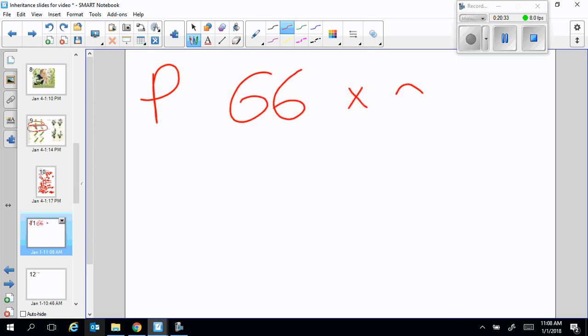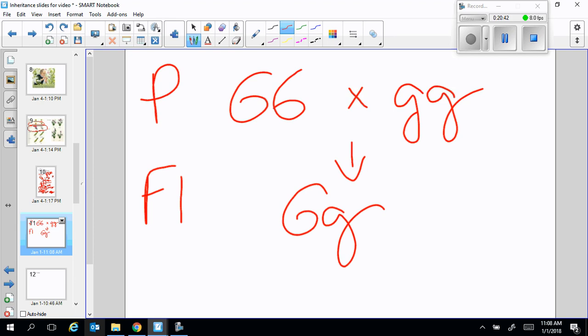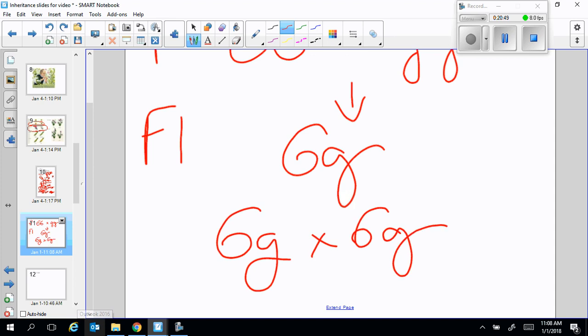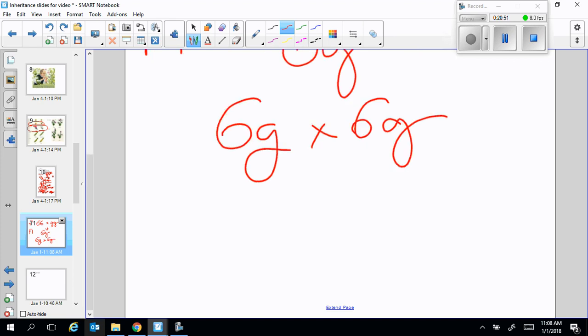Usually when we're doing the P and the F1 and the F2, we have to cross two homozygotes. So I'm crossing a green and a yellow. That's my parents. My F1 will be all big G, little g. In order to get my F2, I have to cross two of these. So big G, little g, big G, little g. Now I have my F2.